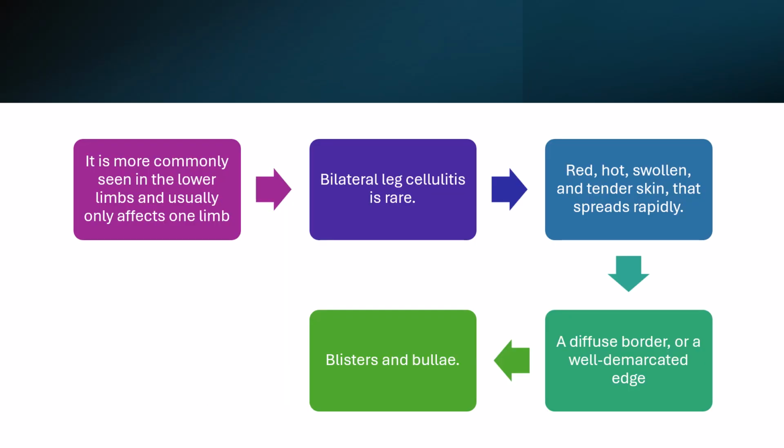It's not always hard and fast that you will find cellulitis only in legs, although it is very common in legs, and usually one leg is involved. Bilateral leg cellulitis is a bit rare, and it presents as red, hot, swollen, and tender skin that spreads rapidly. The margin which I have shown previously could be a diffuse border or a well demarcated edge, and sometimes in complicated cases it comes up as blisters and bullae.